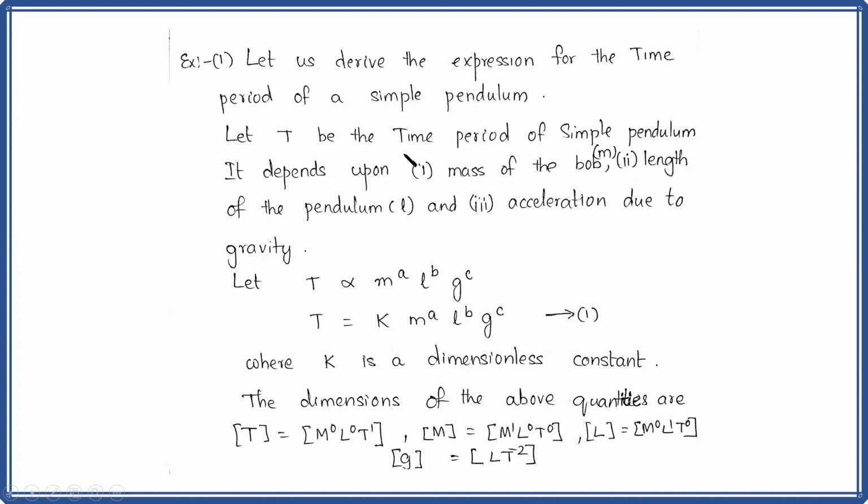Let capital T be the time period of the simple pendulum. It depends upon number one, mass of the bob, number two, length of the pendulum, and number three, acceleration due to gravity. So, on which factors does it depend? It depends upon three things.